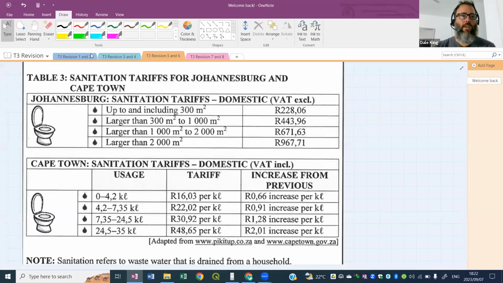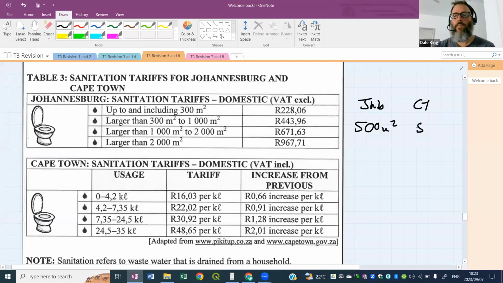All right. So they said both houses, Johannesburg and Cape Town, are 500 meters squared. That's the size of their property. And they're both using 22 kiloliters. Now, Ben, here's my question to you first of all. The Johannesburg one, all right?